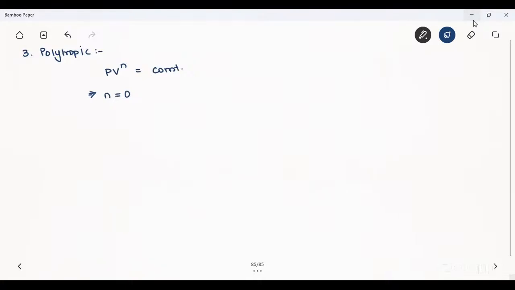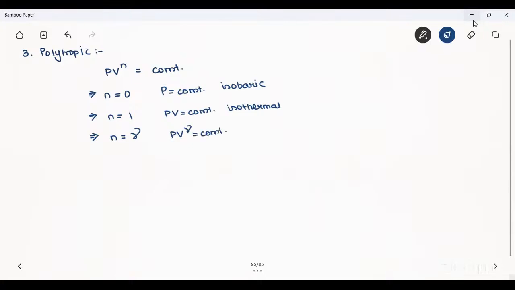If n is equal to 0, then P is constant, which means isobaric. If n is equal to 1, then PV is constant, which means isothermal. And if n is equal to gamma, then PV to the power gamma is constant, which is adiabatic.